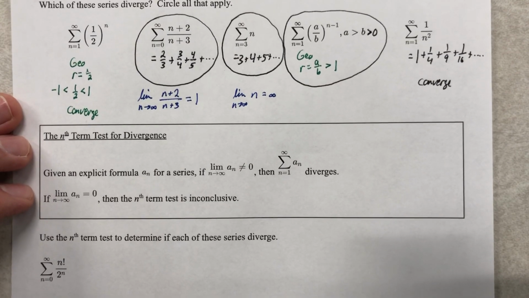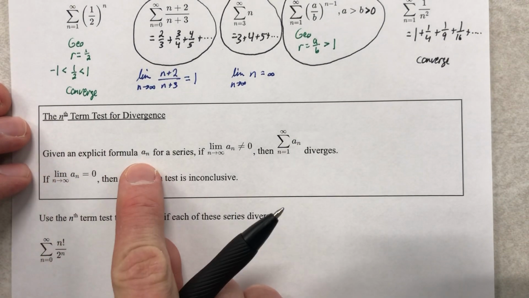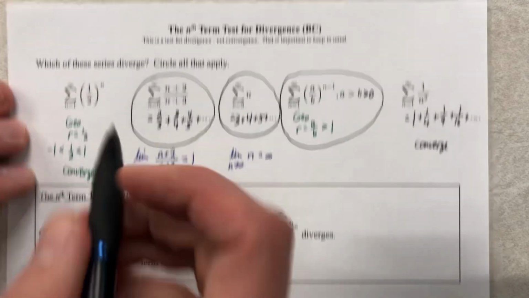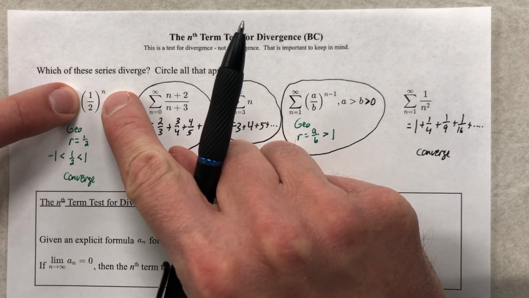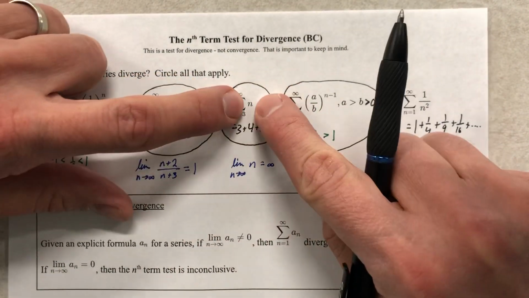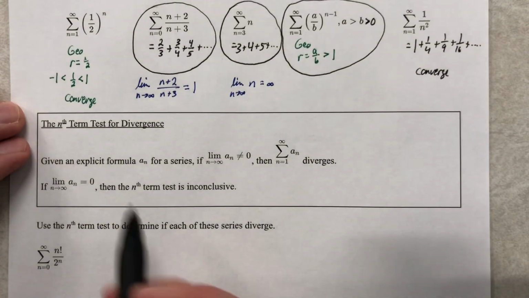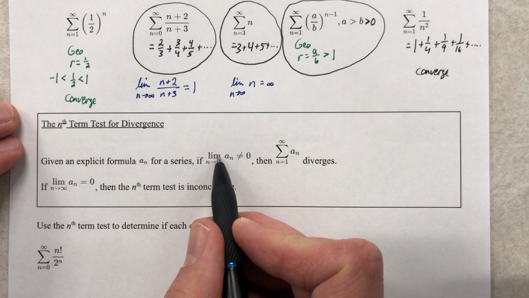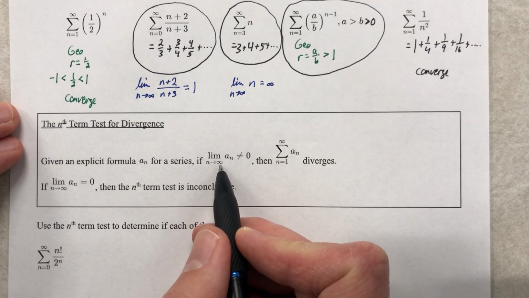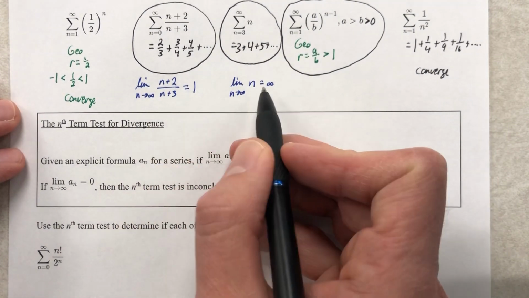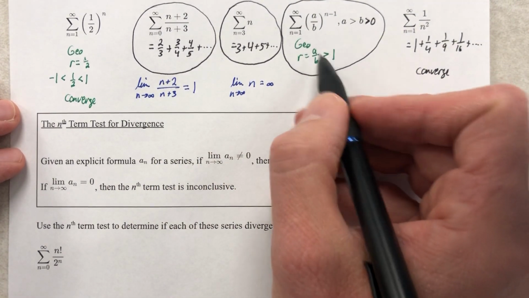That's what the nth term test says. So given an explicit formula, a sub n for some series, and that's what this is. This is a sub n. That's the explicit formula. If the limit as n approaches infinity is not equal to 0, just like that one wasn't and that one wasn't, and that one wasn't either, because they're getting bigger and bigger.